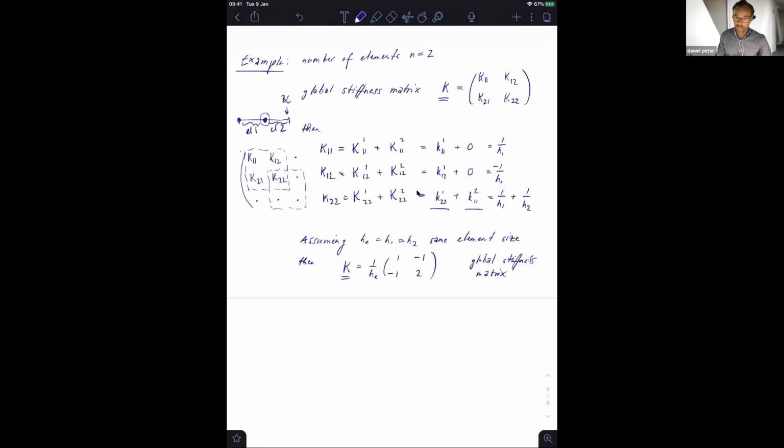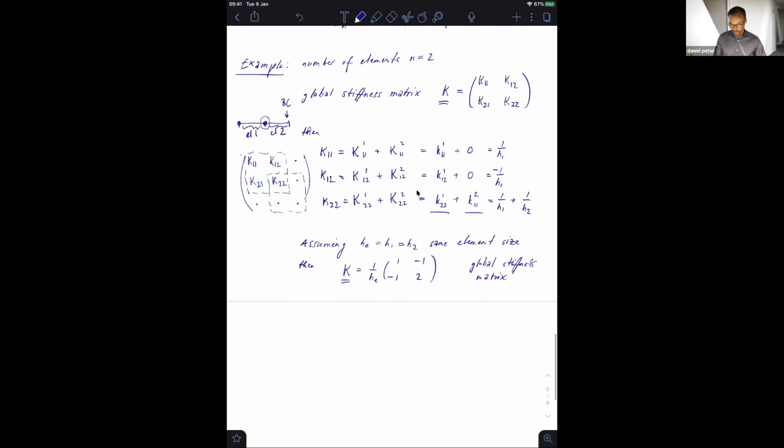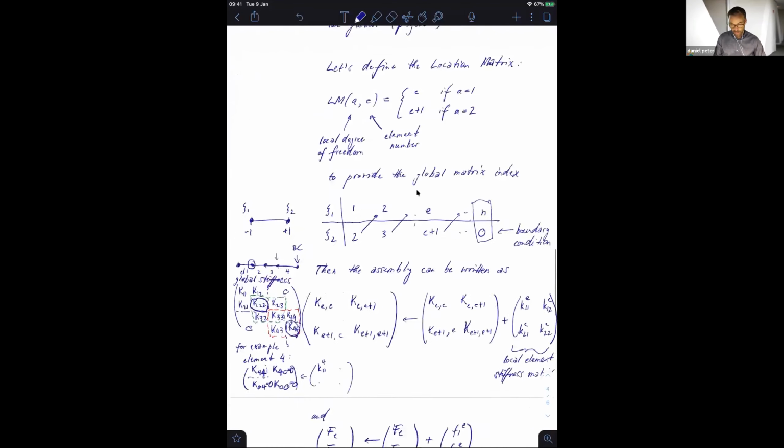Is the example clear? Good. You see, the elegant part is this one here.